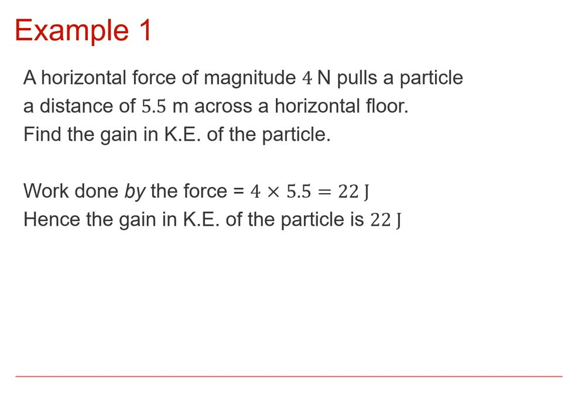Then the work done, remember that's force times distance, so 4 newtons times 5.5 meters is 22 joules. So 22 joules of energy is being transferred into the object, and the work energy principle tells us that that will become kinetic energy. So the gain in the kinetic energy of the particle is 22 joules.